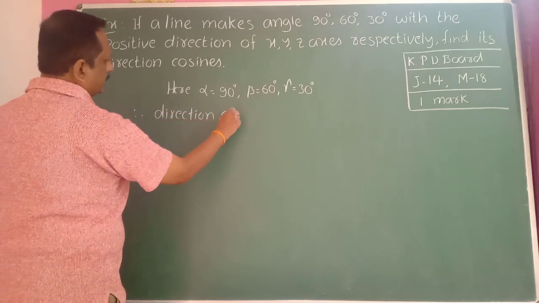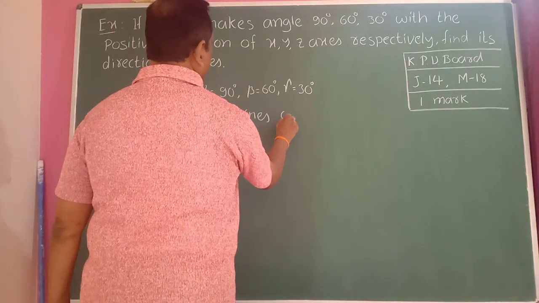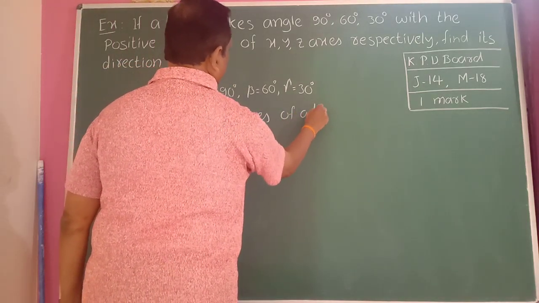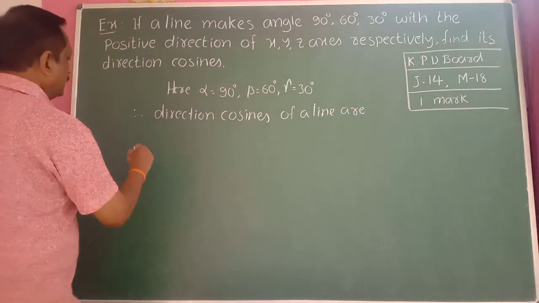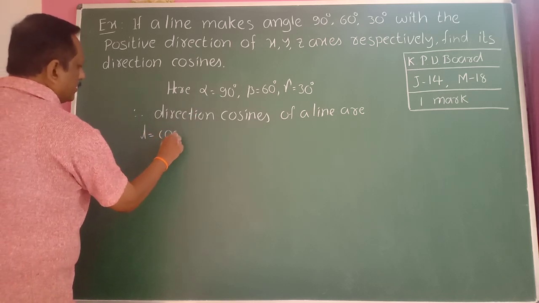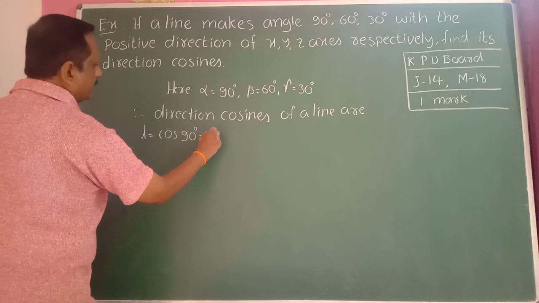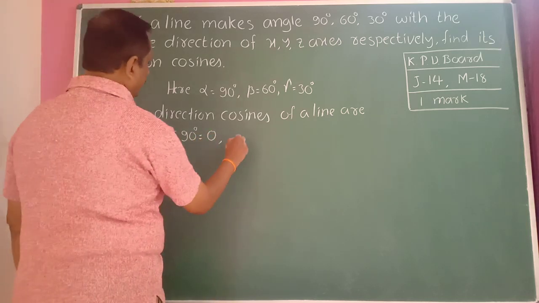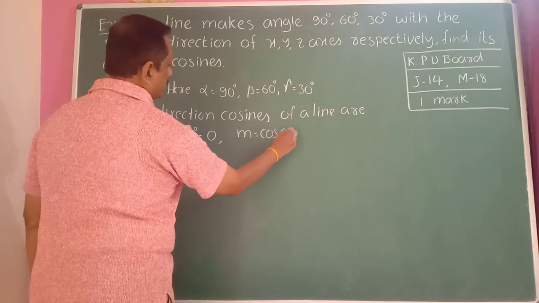Direction cosines of a line: l is equal to cos alpha. Alpha is 90 degree, cos of 90 degree, and you know cos 90 degree value is 0. Then m is equal to cos beta, cos 60 degree.